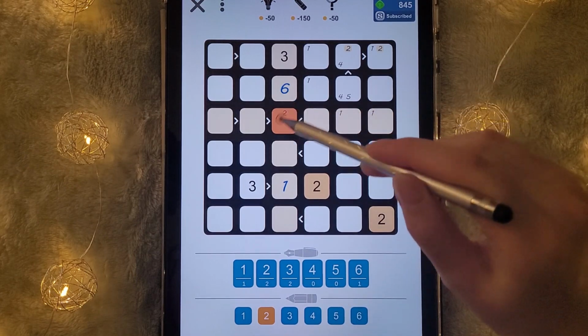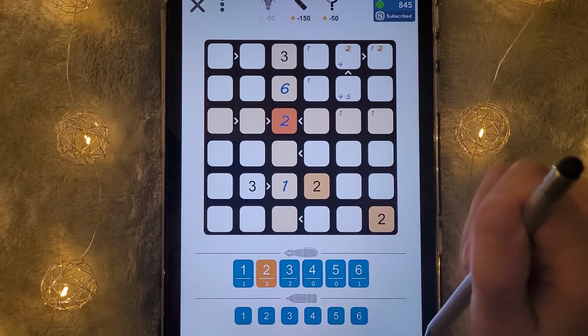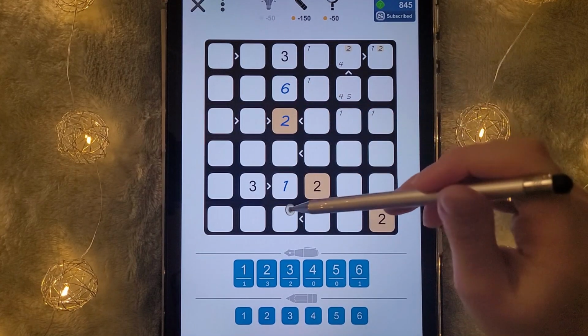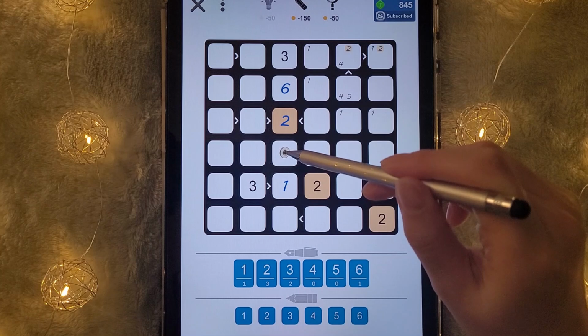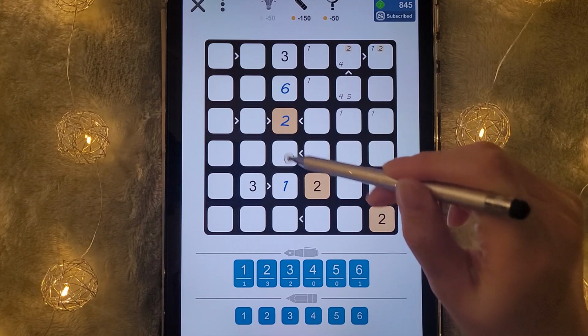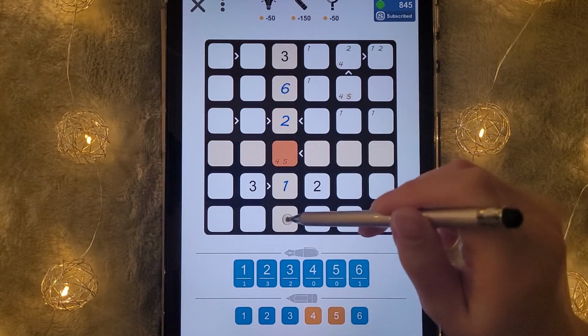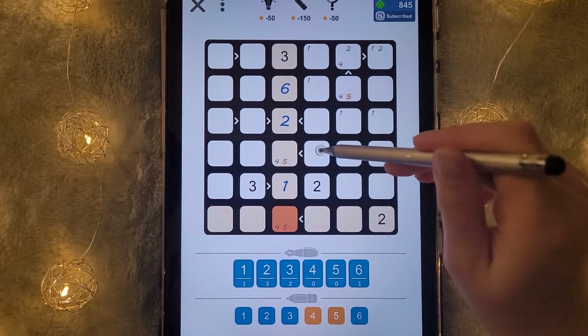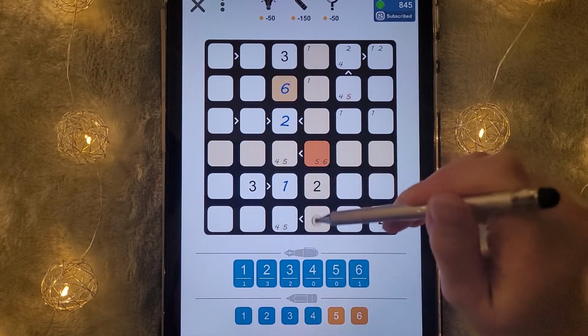So right now I know that this cell has to be a 2. And then these ones I'm going to pencil mark in because it could be either a 4 or 5, and that means these cells could either be a 5 or 6.